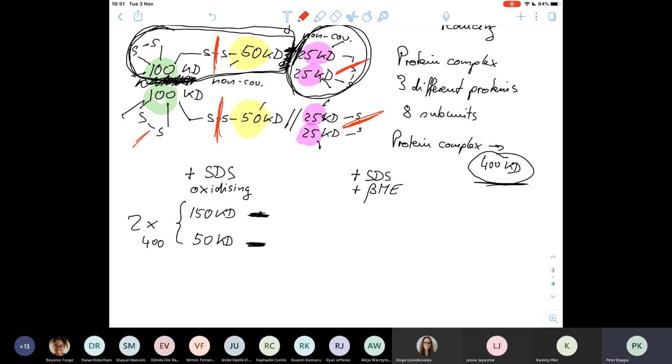What about this disulfide bond? Where the arrow points, would we destroy that? In the 100 complex? Yep. Would it have any impact on the band size?